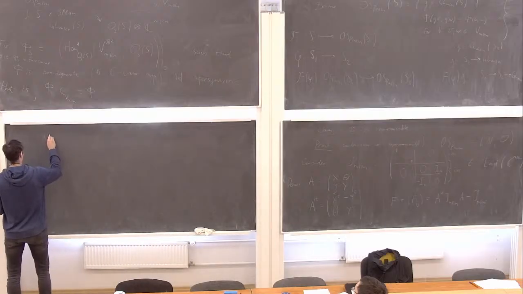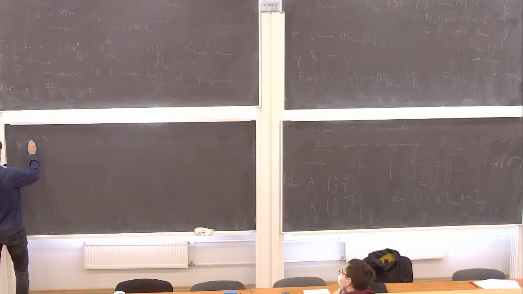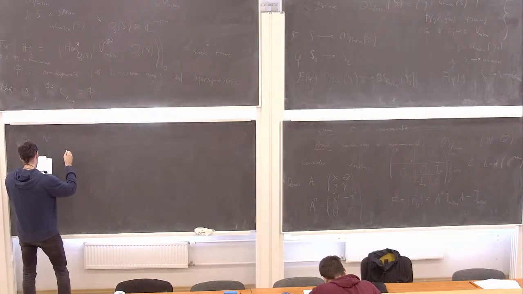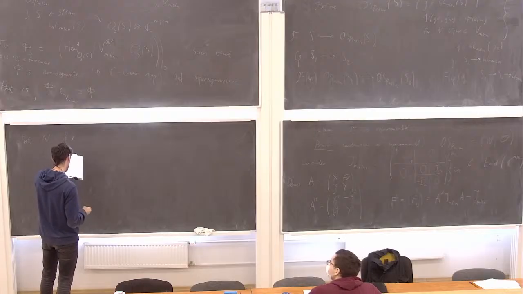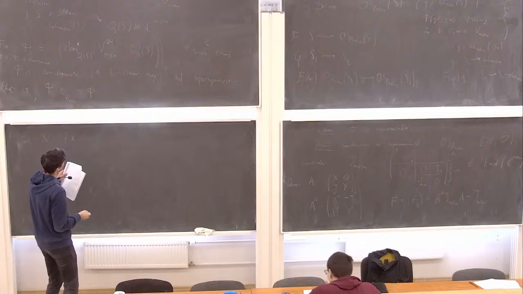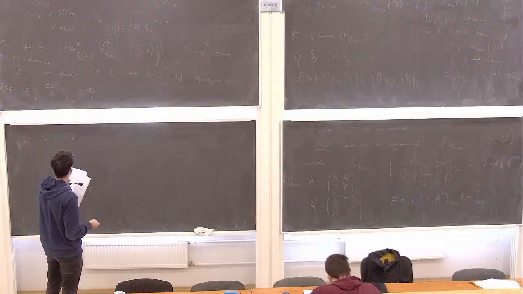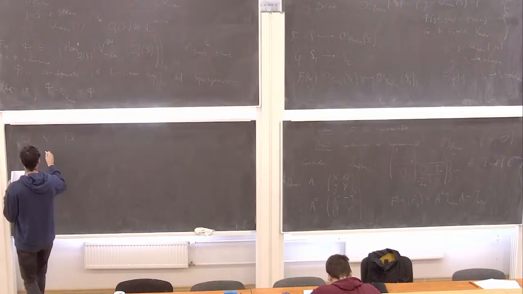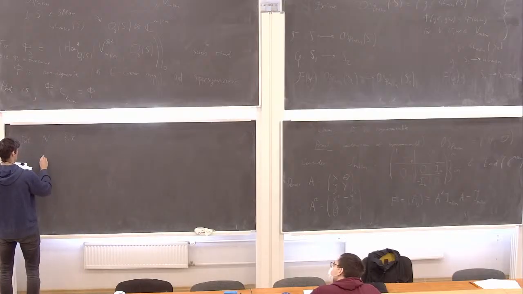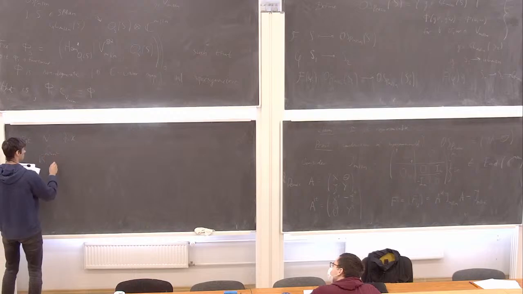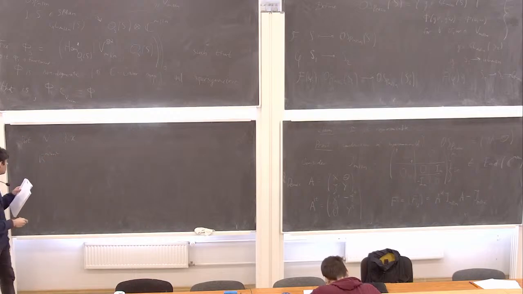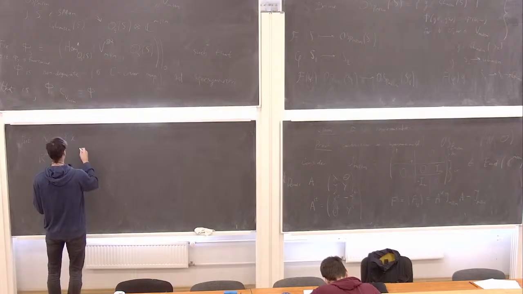So put n to be all elements, so this is really a topological space that should be inside R m squared plus n squared, so these are all x in here.